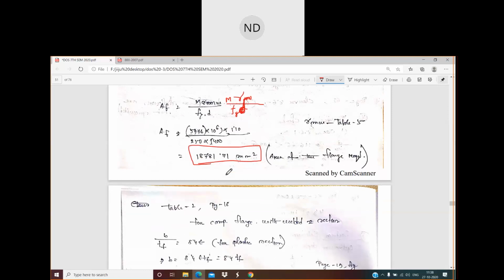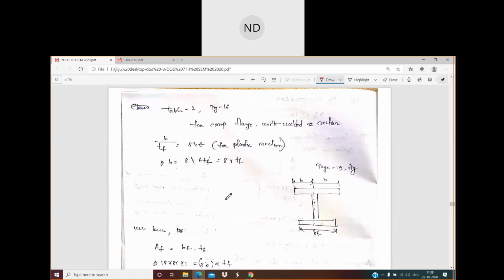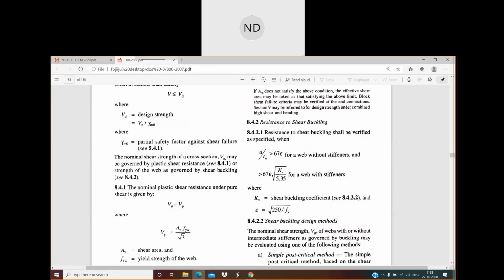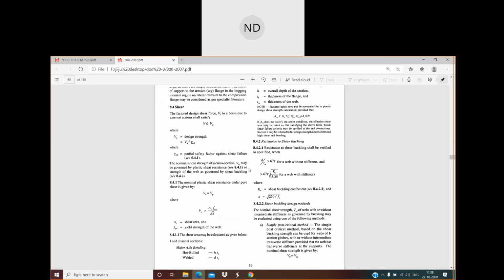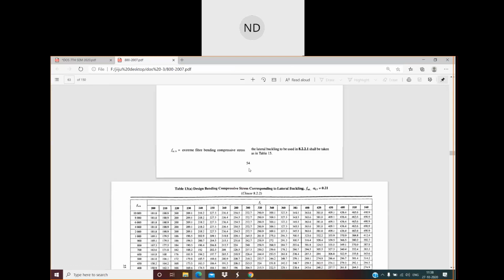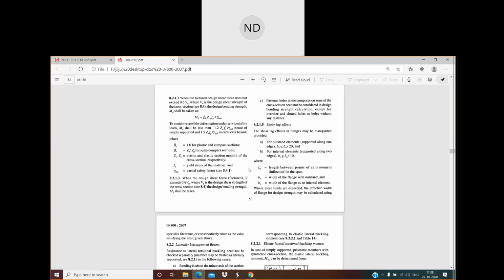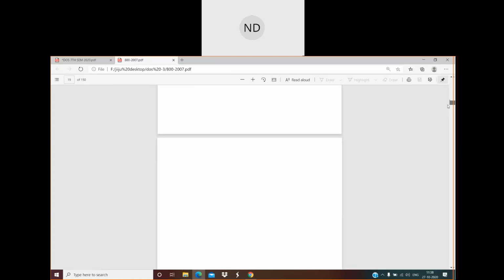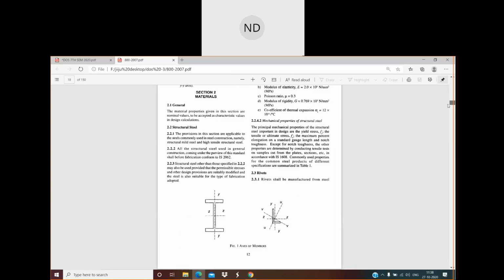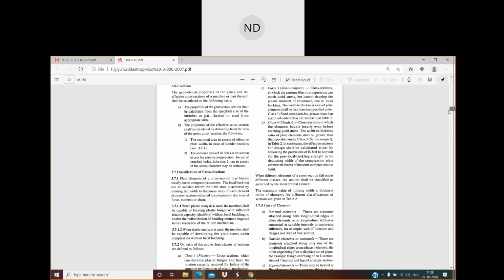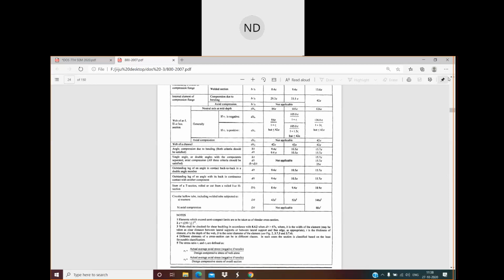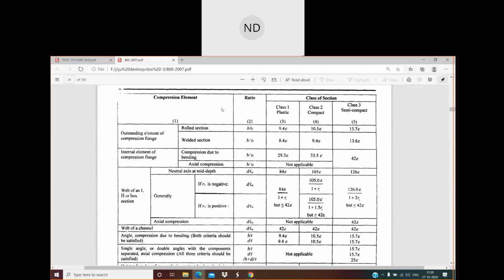So for compression flanges with welded section, if we go to this IS code, page 18, if you see here, if you have a welded section for the compression element, b by tf is how much given for a plastic section?